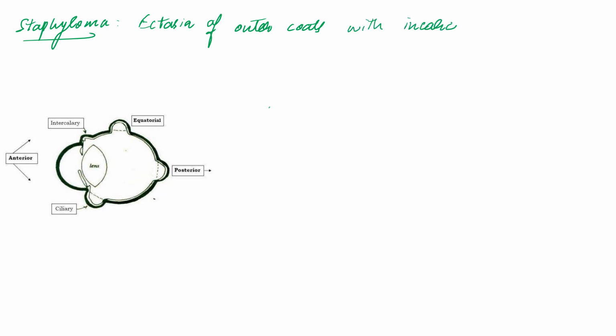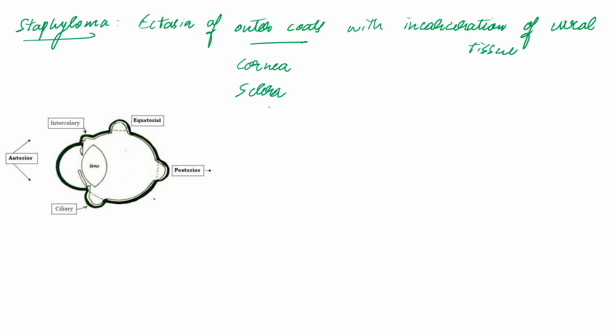Now let us discuss about another important disease entity of sclera, that is staphyloma. Staphyloma is defined as ectasia of the outer coats of the eyeball with incarceration of uveal tissue. These outer coats can be cornea or sclera or both cornea and sclera.